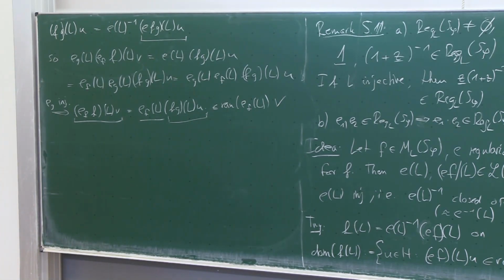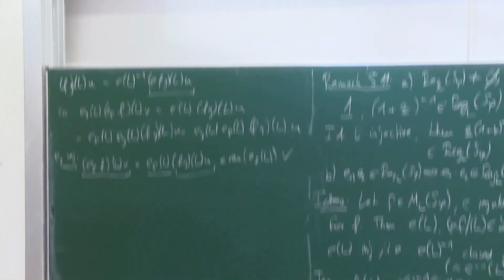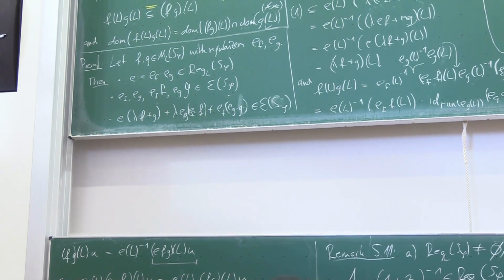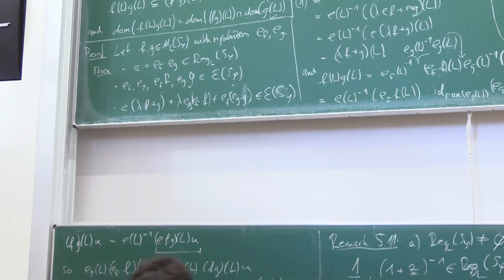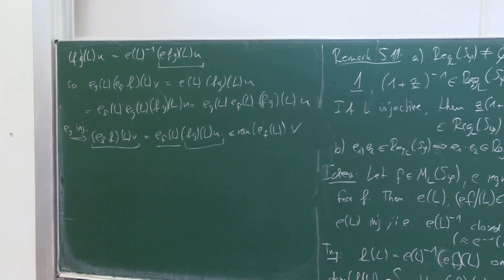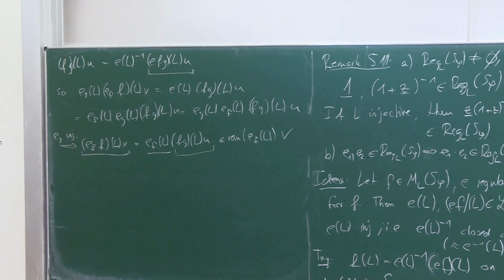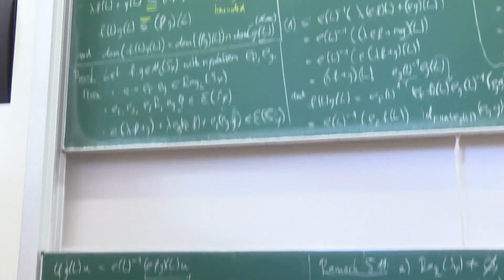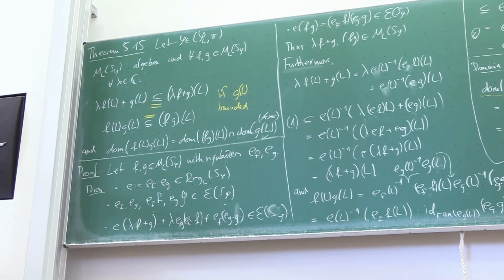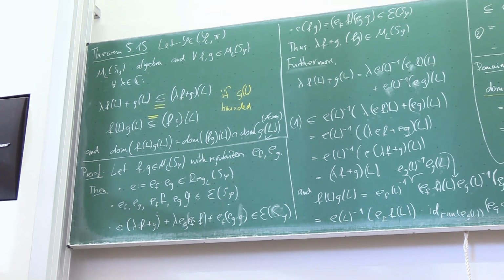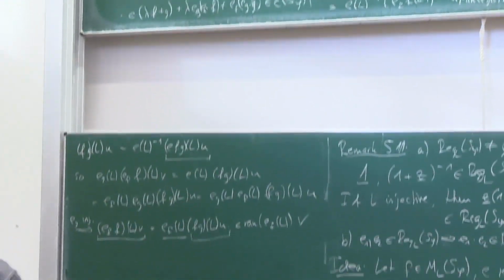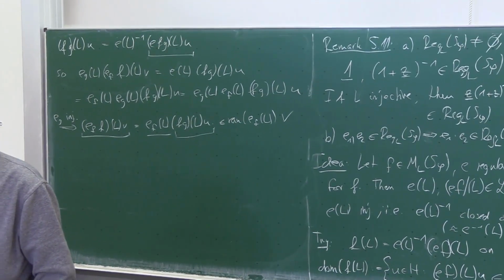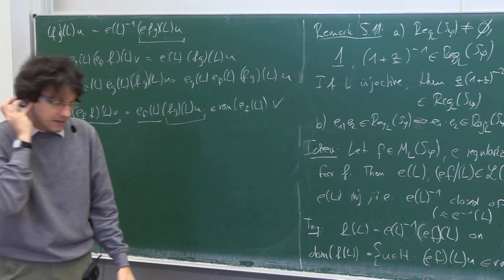So you have inclusions instead of equalities for your sums and products, but at least you have inclusions, and we also know, okay, if the G of L is a bounded thing, then you really get equalities, even for unbounded operators. So this is nice, and this is somehow the first thing that shows we are on the right track.